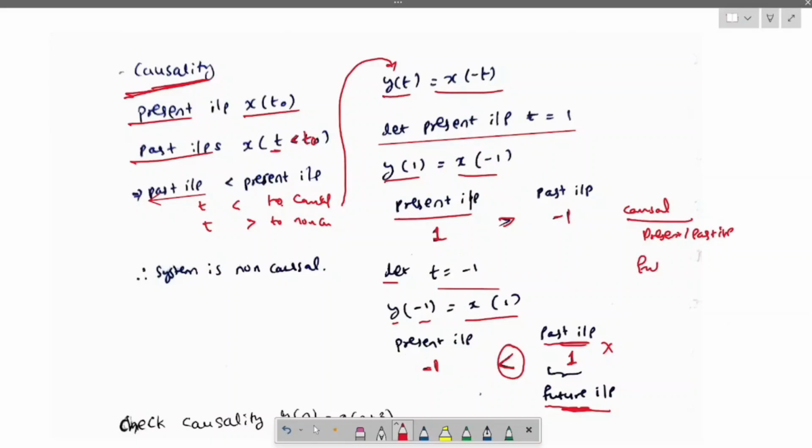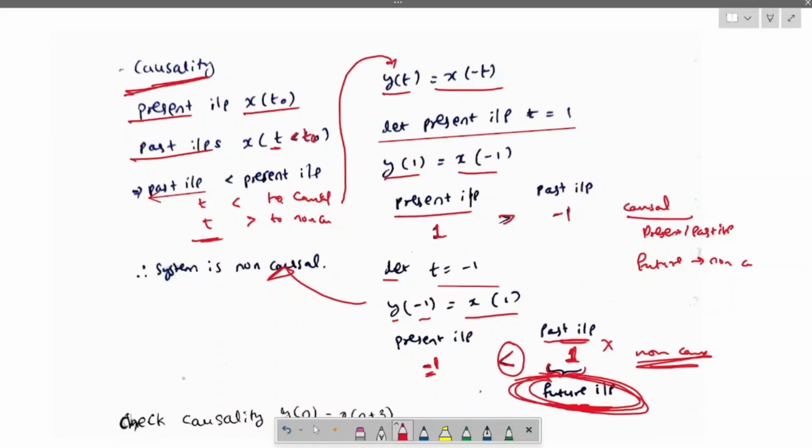If the future is involved, it is non-causal. So here the present output depends on the future input. By the criterion, the present input is less than the input used, so it is non-causal. Remember, this system is non-causal. I hope you got the idea on this.